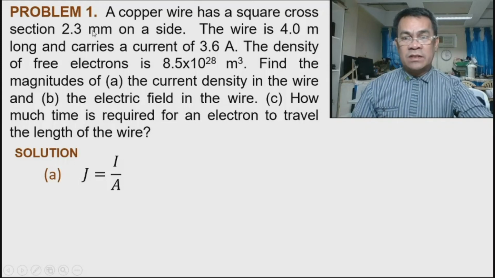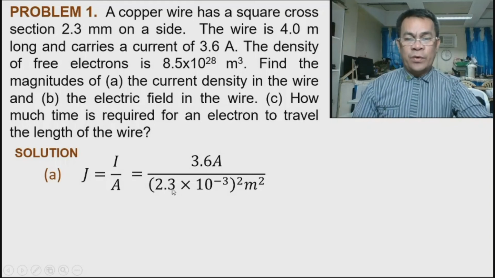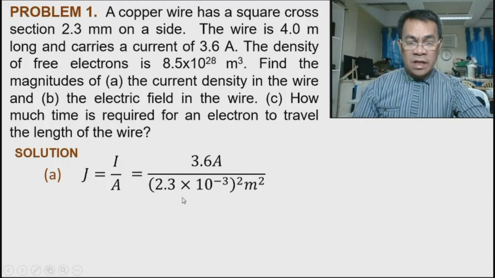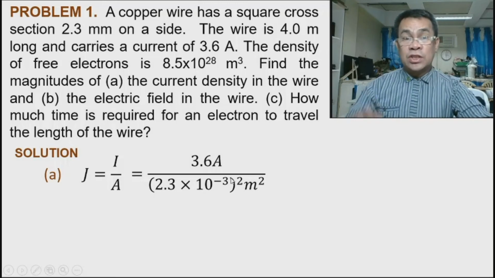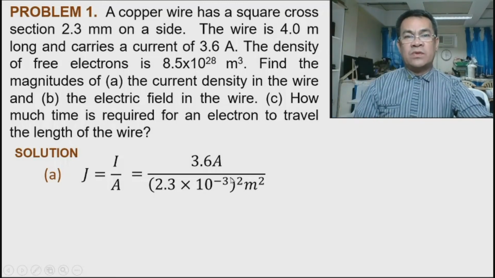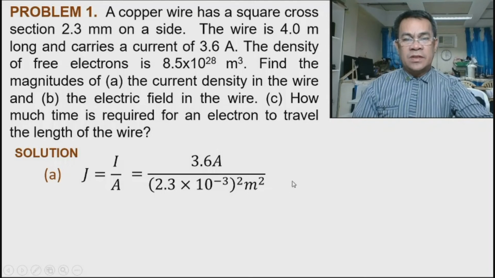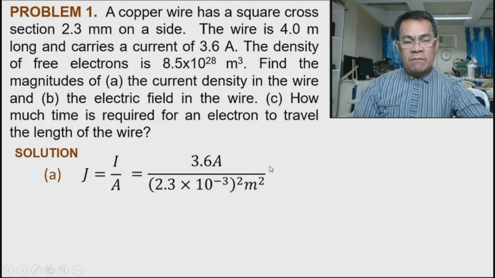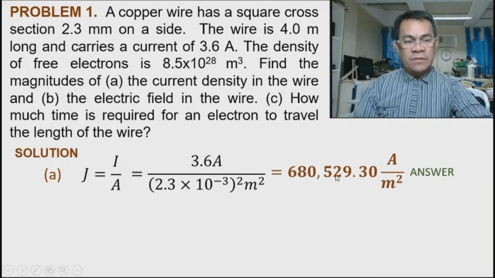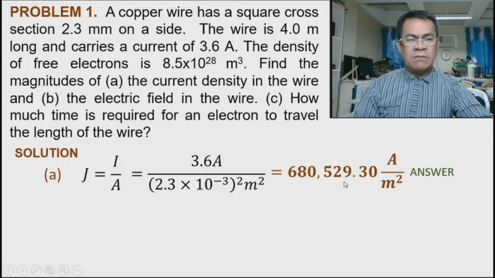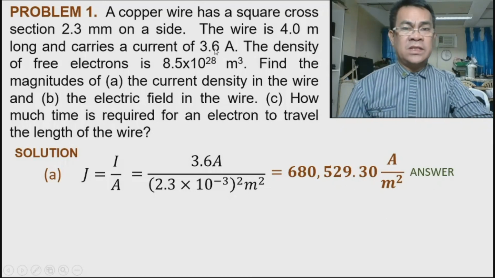Then convert to meters: 2.3 converted to meters is times 10 to the negative 3, then raise it to 2, because the square of the side is the area. The unit should be ampere per meter squared. So this is the answer, a large number, because the area is a very, very small number. 680,529.30 amperes per meter squared. This is the answer for letter A.